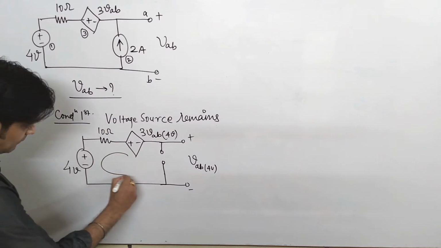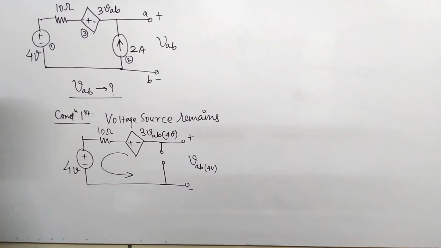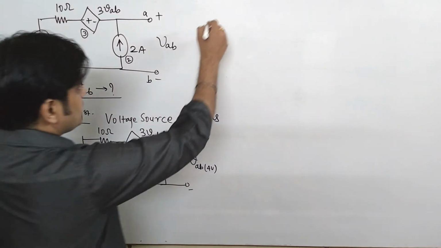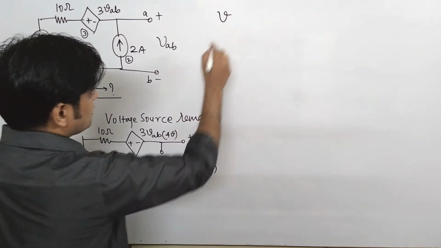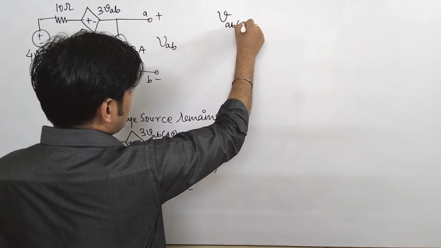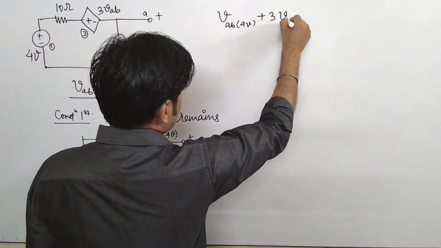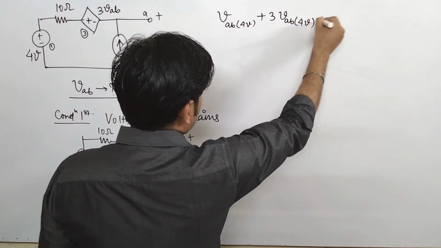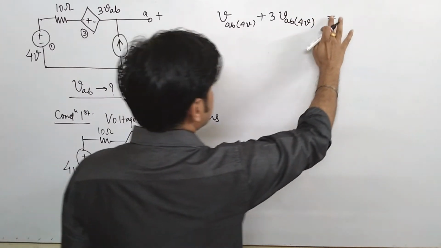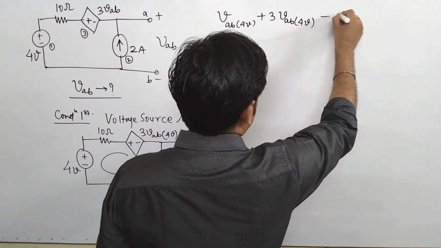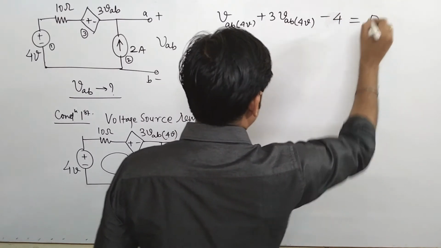Can you directly apply one loop and find the value of VAB because of the 4 volt source? Yes, so I am applying one loop. I can write here: minus 2 plus 3 VAB plus 4 volt, or you can say minus of 4 volt, that is equal to 0. Why?